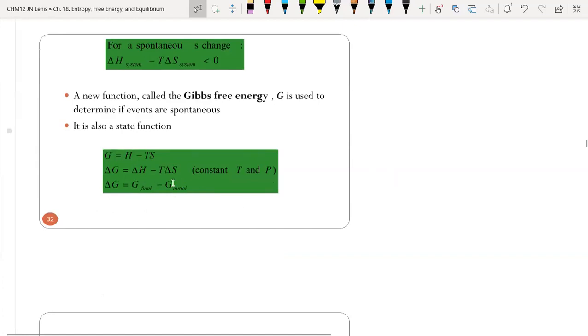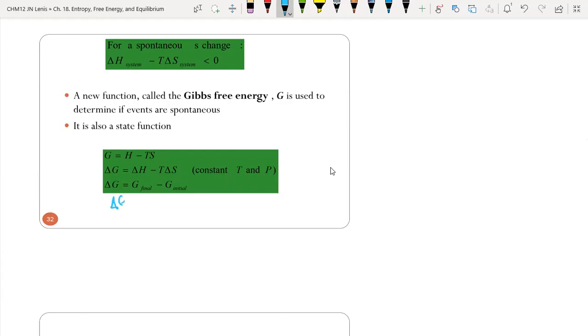So there are two ways to measure it. Measuring the final free energies, that means the products, minus the initial free energies, the reactants. So that's one way that we can measure it, the way I showed you before.